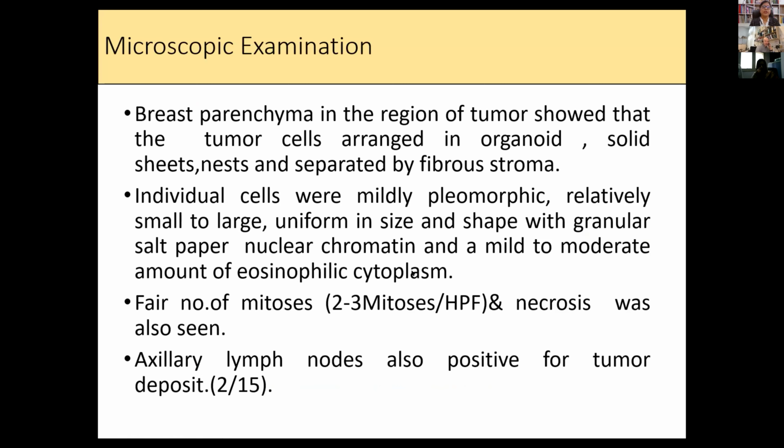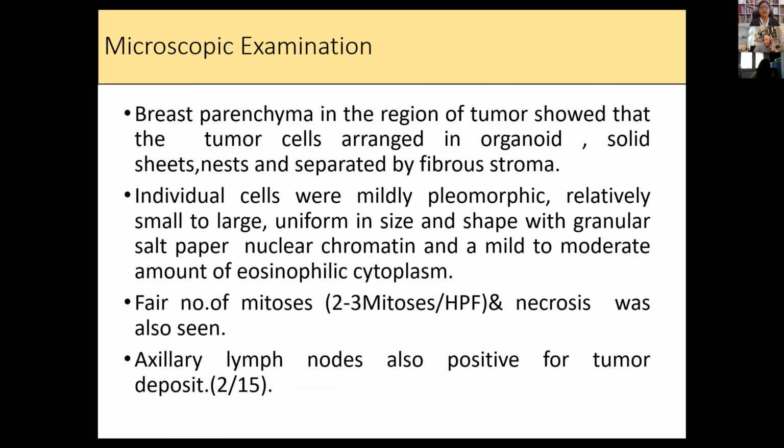On microscopic examination, the tumor cells are arranged in organoid pattern and solid nesting pattern, and these tumor cells are separated by fibrous stroma. Individual tumor cells were mildly pleomorphic, relatively small to large in size.